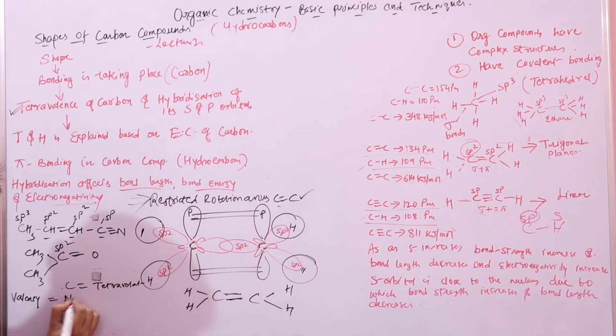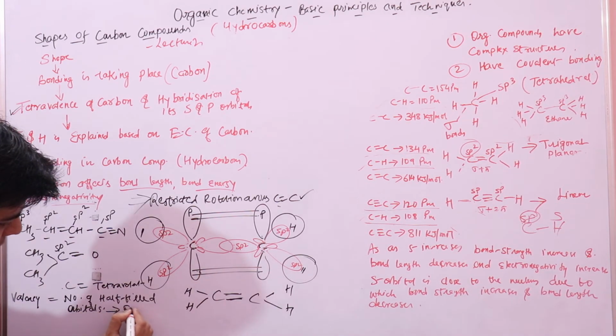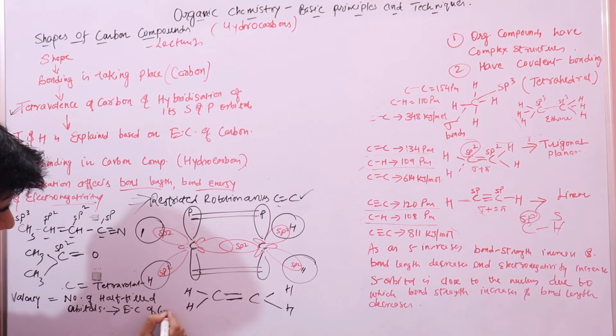The number of half-filled orbitals is seen from the electronic configuration of the ground state.